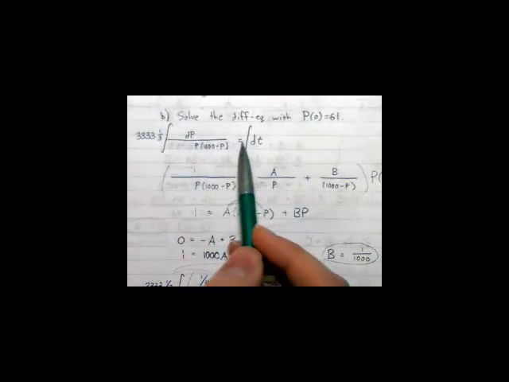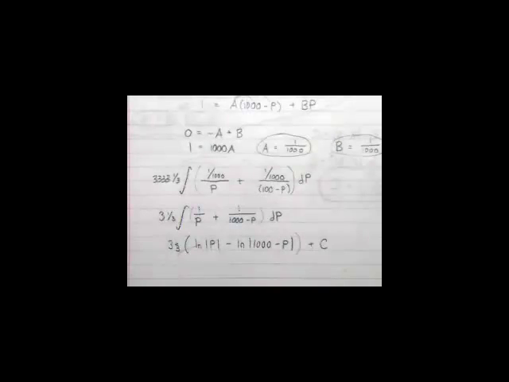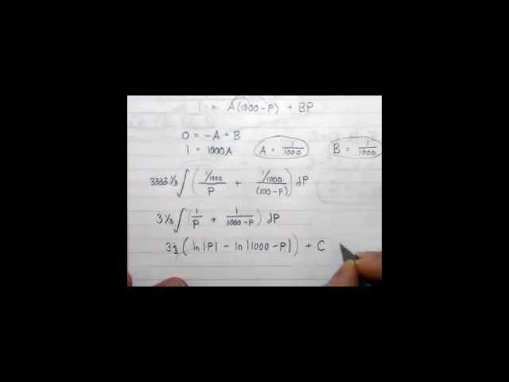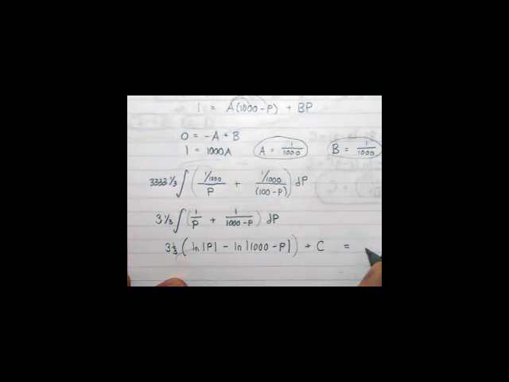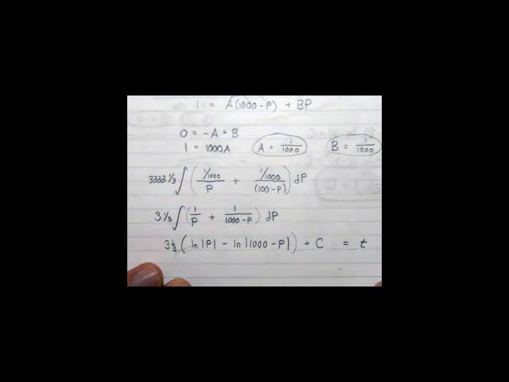It still equals the integral of dt, right? So it's technically equal to the integral of dt, which is just t. And then the initial population, they said p of 0 equals 61, which essentially means that t equals 0 and p equals 61.